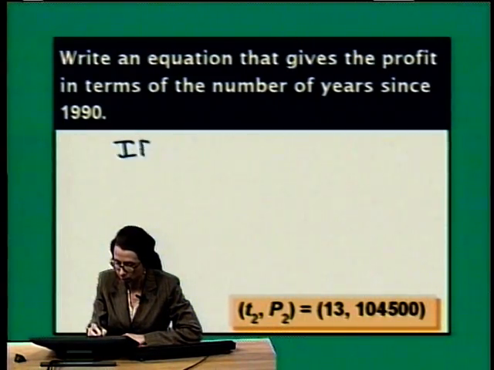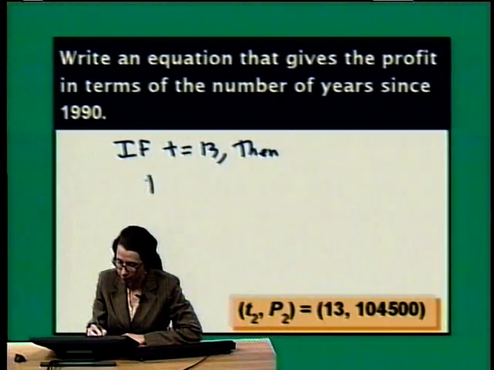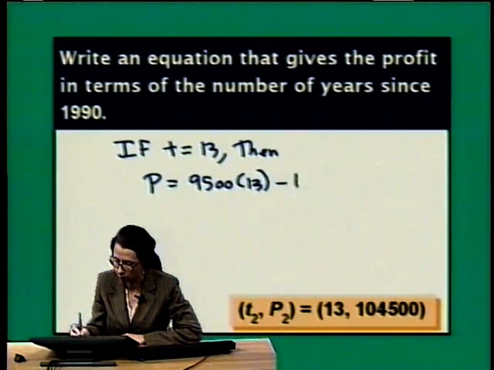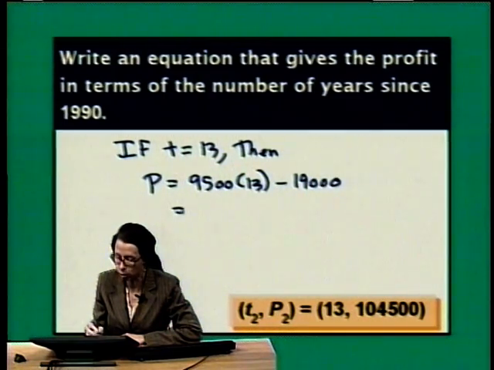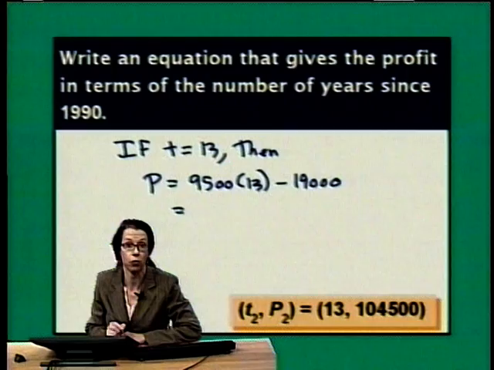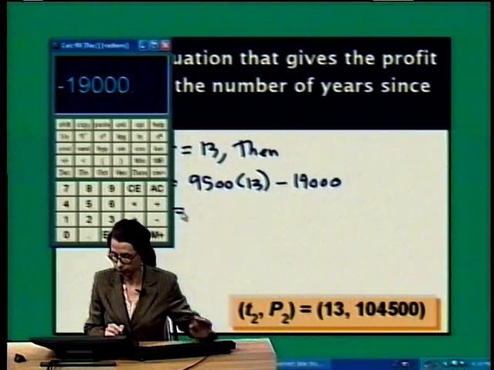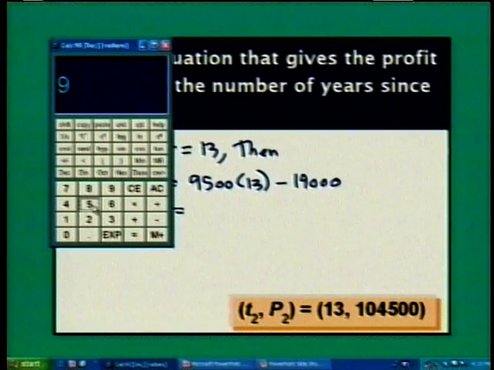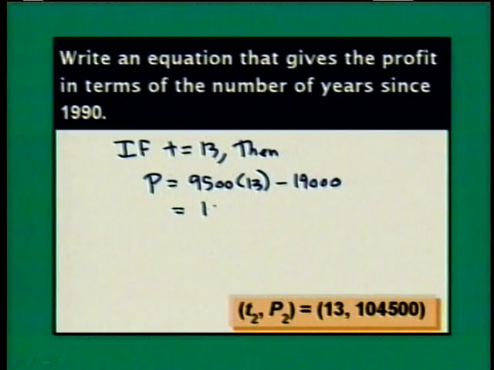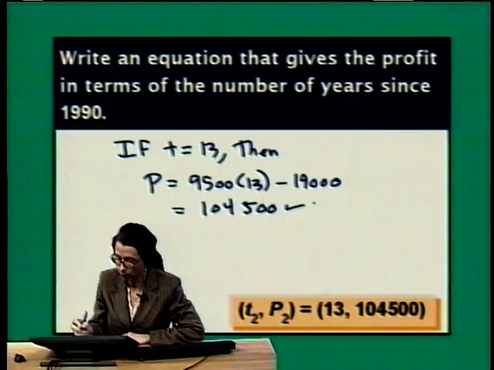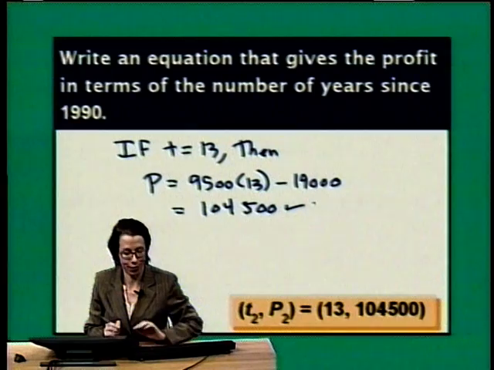So if T equals 13, then P equals 9,500 times 13 minus 19,000. That's my model, and I want to make sure I get 104,500. So 9,500 times 13 minus 19,000 is indeed 104,500. So I've got a good model to work with.